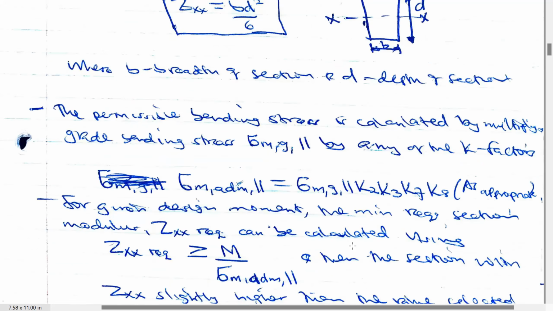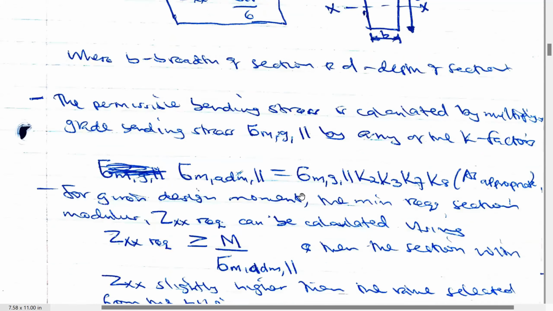So now for a given design moment, the minimum required section modulus Zxx can be calculated using, now remember we said that moment of resistance is equivalent to permissible bending stress multiplied by section modulus, which should be greater or equal to design moment, which is M. So for me to find the minimum required Zxx, basically I just divide by sigma m,adm,parallel both sides.